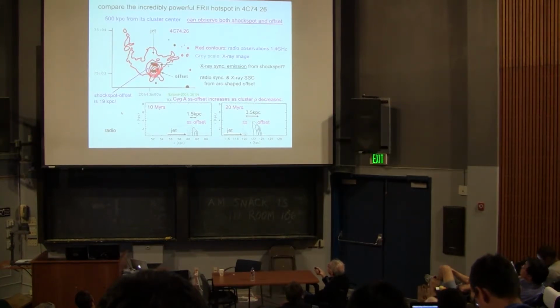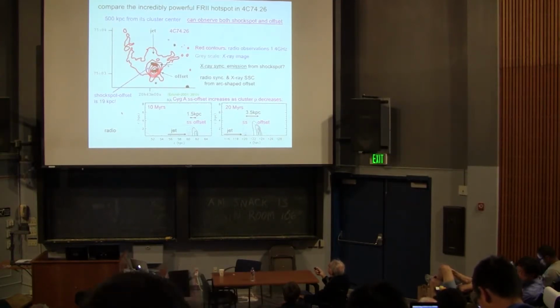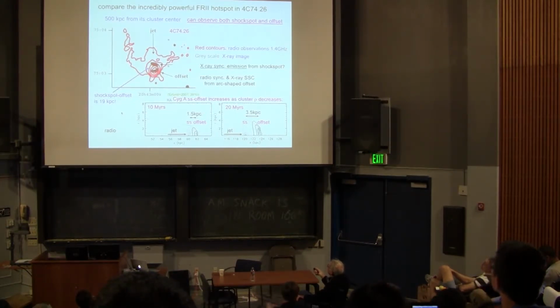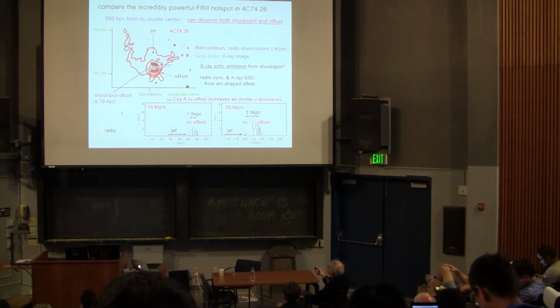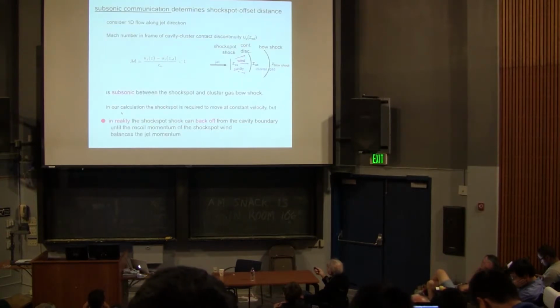And in front of that is a separate region emitting X-rays in gray due to synchrotron self-Compton. And the radio contours show an arc-shaped region, similar to my calculations, of radio emission from that compressed region also.